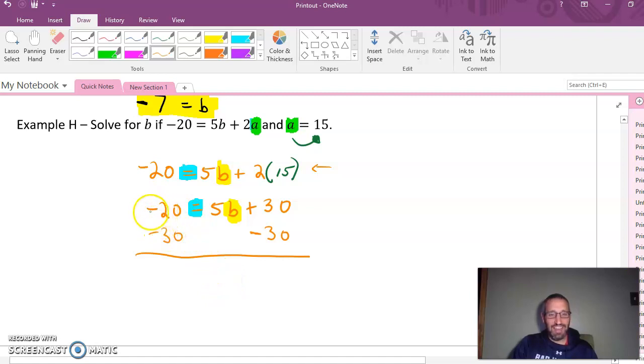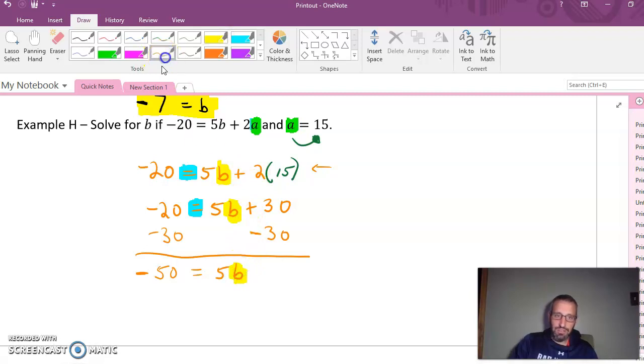In any event, negative 20 combining with negative 30. I'm combining a bunch of negatives here. So 20 negatives and 30 negatives is 50 total negatives on the same team. Oops, I forgot my negative sign. Negative 50 equals 5b. Didn't combine anything with that. 30 and negative 30, 0. Be gone. And again, I got my b right up next to a 5.